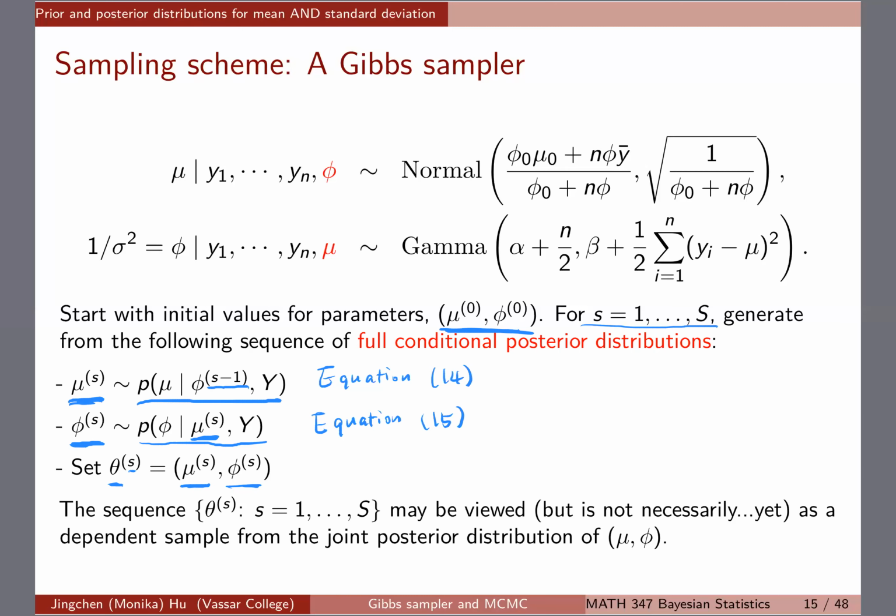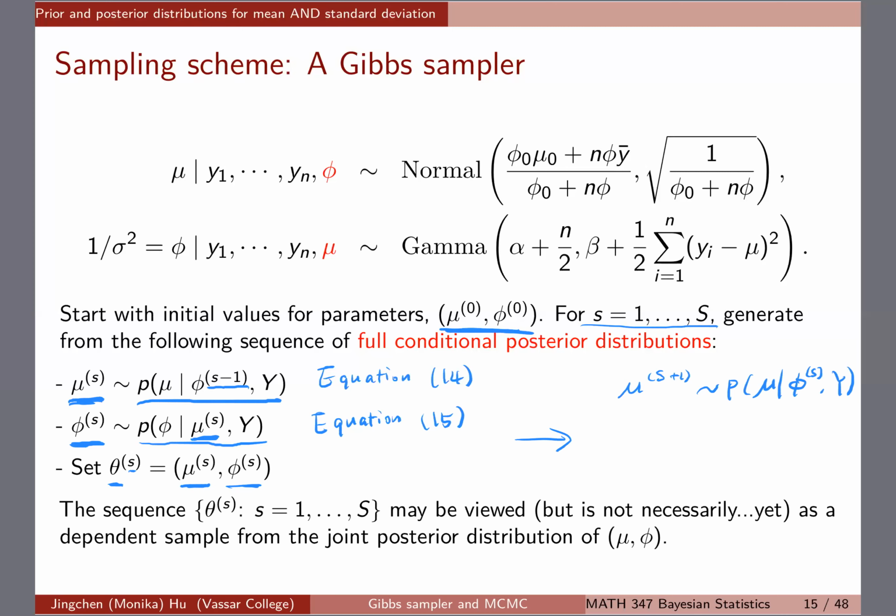Each iteration, you are doing mu first, and then phi second. So intuitively, when I go to my next iteration, my mu s plus 1 will be coming from mu given phi s, because I already have my iteration s of phi here, and given the data.